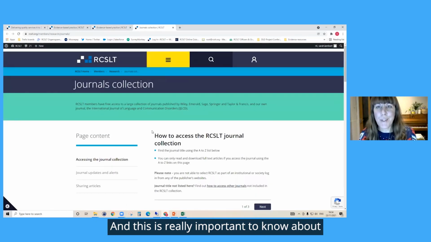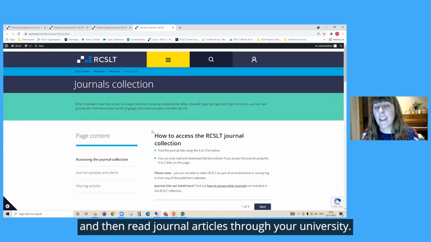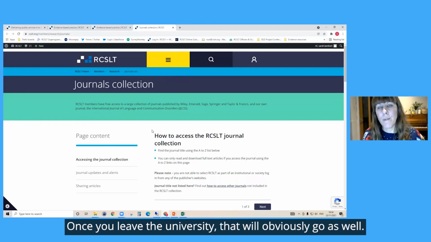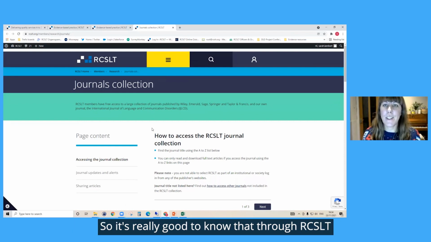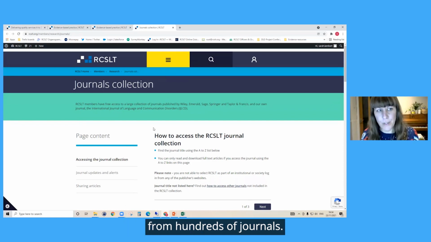And this is really important to know about because obviously at the moment as students, you'll have access to journals to be able to search and then read journal articles through your university. Once you leave the university, that will obviously go as well. So it's really good to know that through RCSLT, you have access to thousands of articles from hundreds of journals.